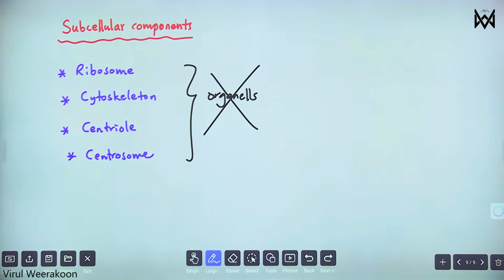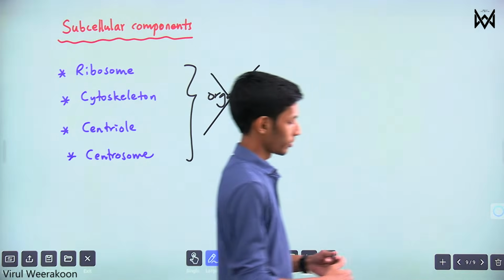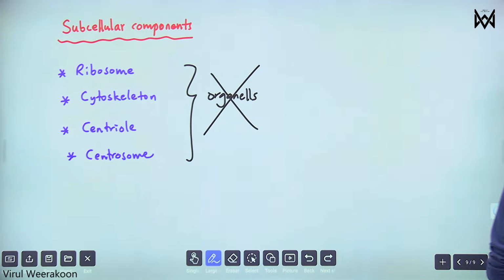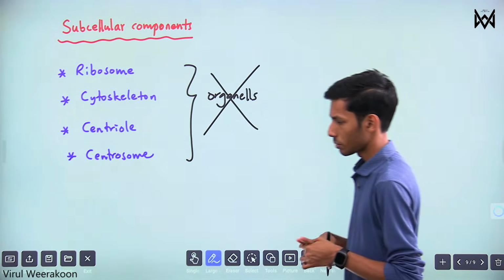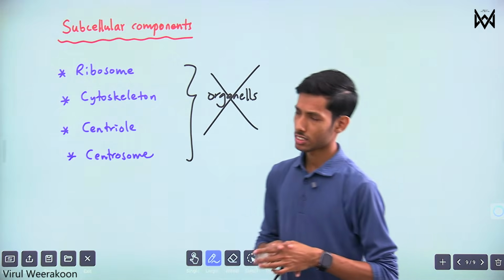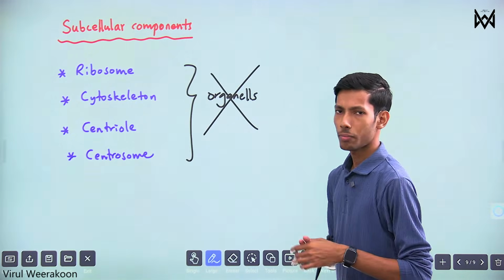Now, most important fact. Now we are moving towards the important fact here. We are focusing on the vast differences between animal cell and plant cell.